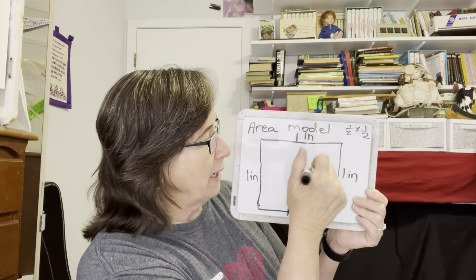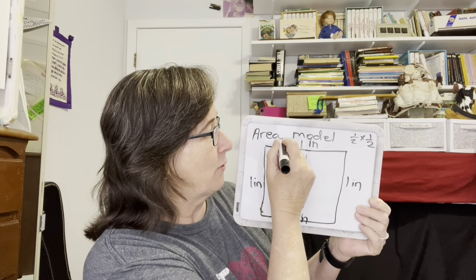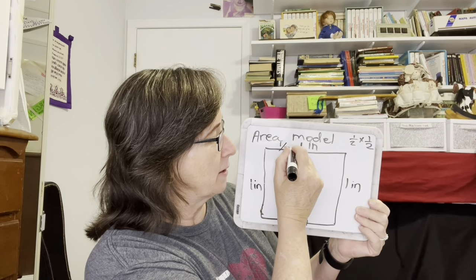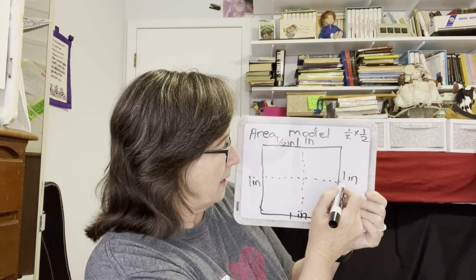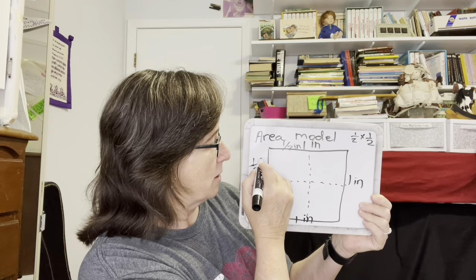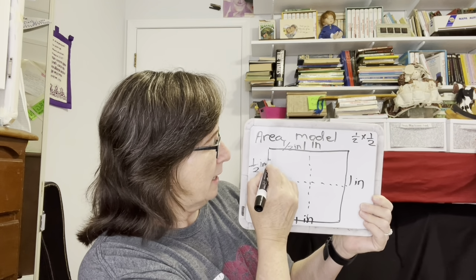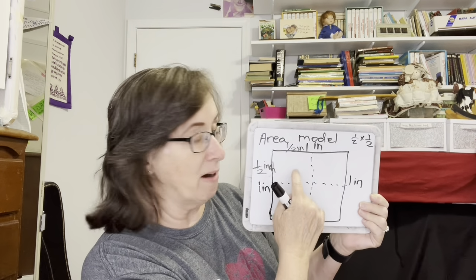So if this is 1 inch, then I'm going to cut this in half. And this over here is 1/2 inch. Okay, and then I'm going to cut this in half. And then that makes this right here 1/2 inch. Okay, so 1/2 times 1/2 would be the area.